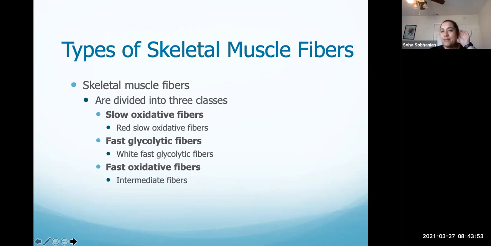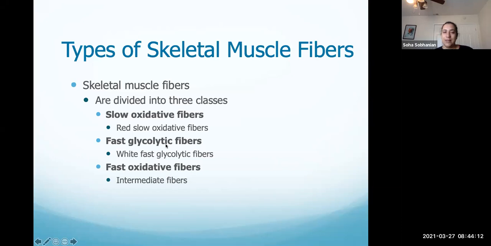Now look at the names, guys. This is really self-explanatory, so don't make it more complicated. Slow oxidative fibers means they're going to contract slowly and they use oxygen to produce their ATP.